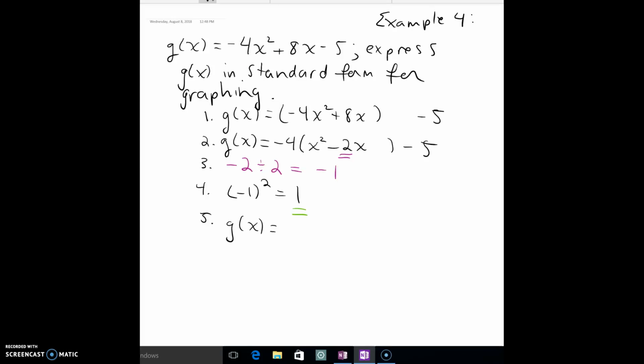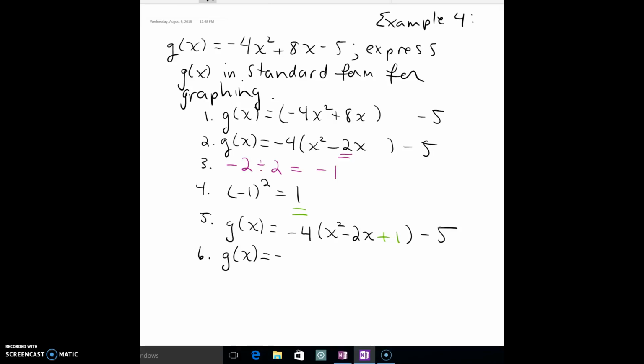So we have g of x is equal to negative 4 times x squared minus 2x plus 1, minus 5. Step 6 says take the number from step 4 times the coefficient in front of the parentheses and subtract it from outside of the parentheses. So here's what we mean by that step.